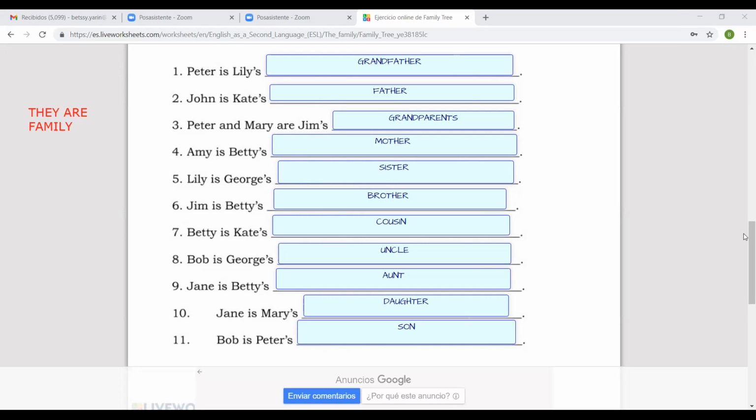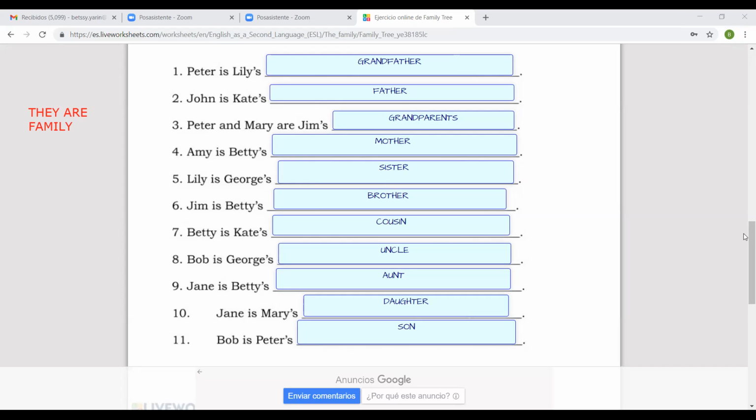Okay, Sophia is not there. Number 4 is Amy is Betty's mother. What about in number 5, Michael? Lily is George's sister. Excellent. Millie, number 6. Jim is Betty's brother. Excellent. Okay, number 7, Natalie. Betty is Kate's cousin. Excellent.